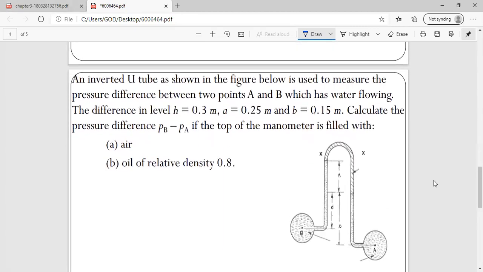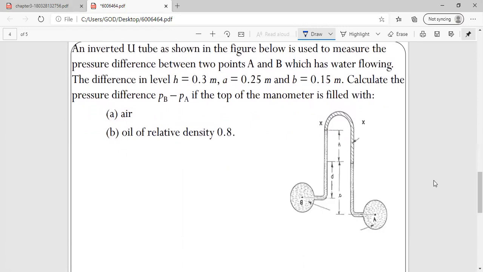An inverted U-tube manometer is shown in the figure. This figure says it is used to measure the pressure difference of two fluids A and B, in which water is flowing. It is very clearly mentioned that A and B contain water. The density of water we know is 1000 kg per meter cube. Why am I mentioning it here?